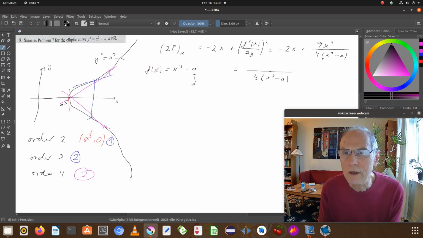This gives minus 8x to the fourth plus 2xa plus 9x to the fourth, x to the fourth plus 2xa.